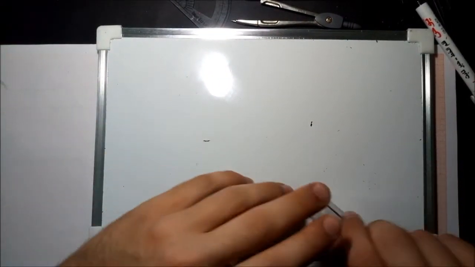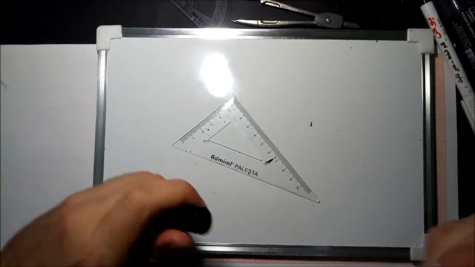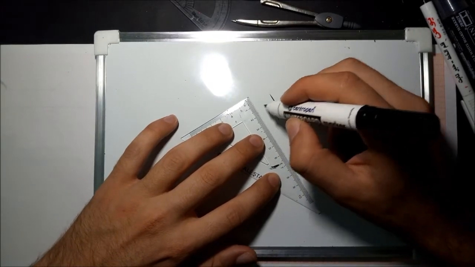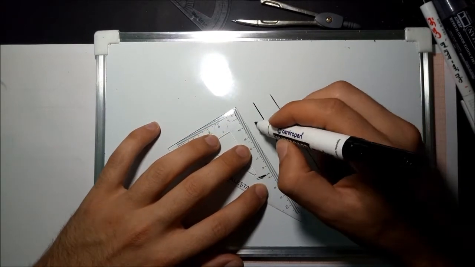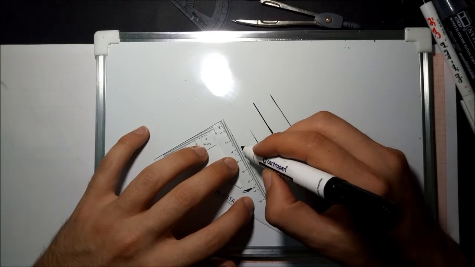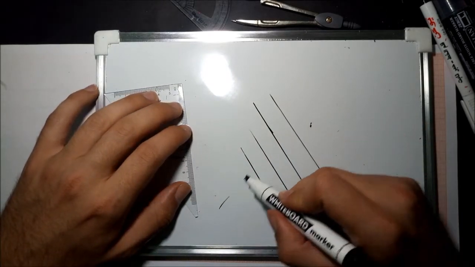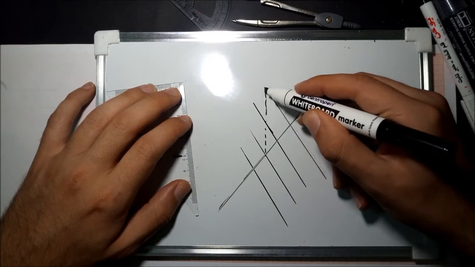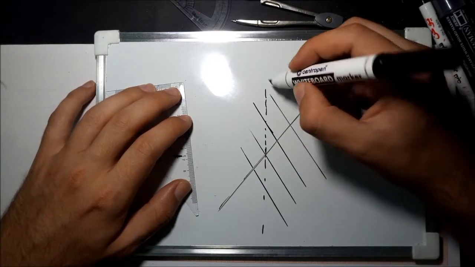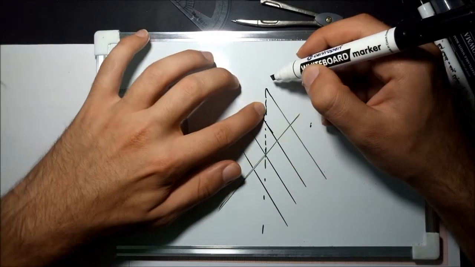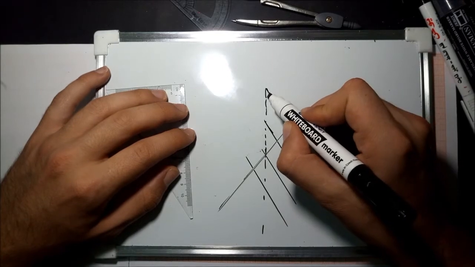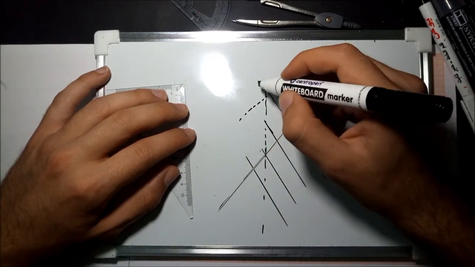We need to explain this one. So now we've reached this point. We've got these lines going this way, and the other line that intersects them that goes this way. So we took the intersection and went all the way up. The intersection here will have this shape to it. There will be a point.